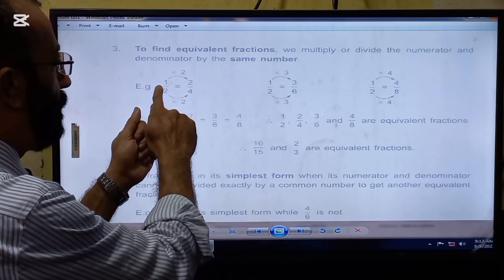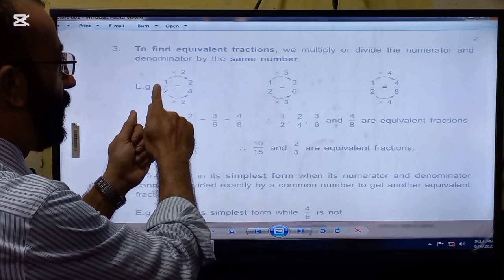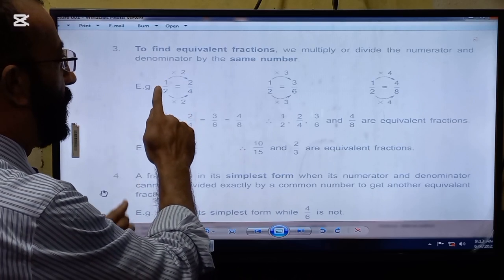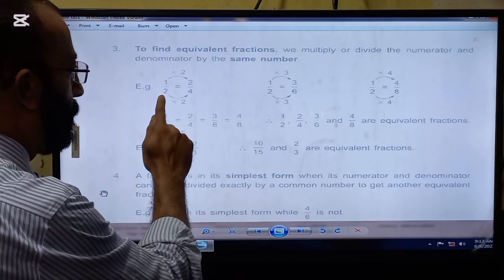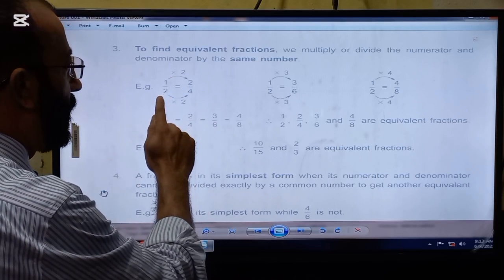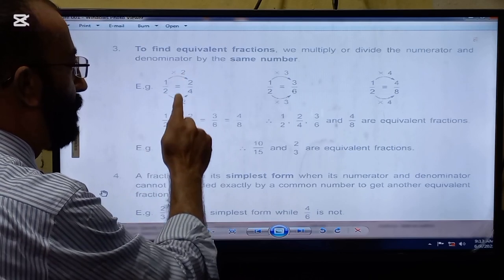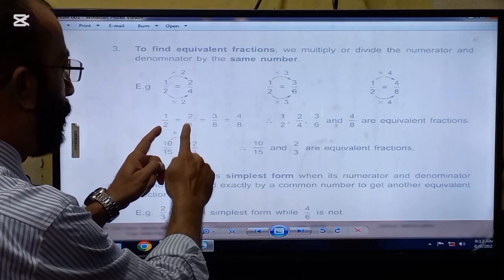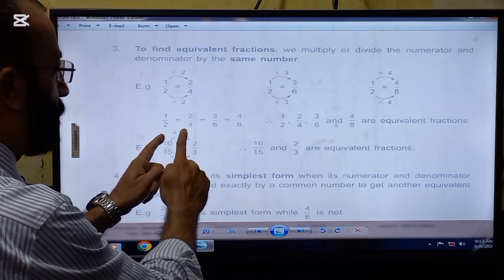For example, if we multiply both numerator and denominator by 2, 1 2s are 2 and 2 2s are 4. The numerator and denominator are multiplied by the same number, 2. So 2/4 is an equivalent fraction.